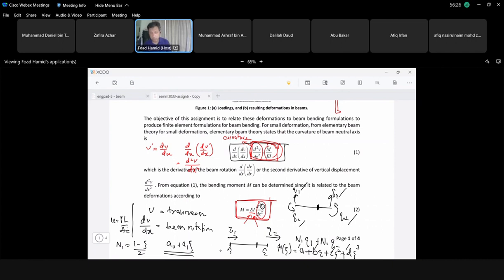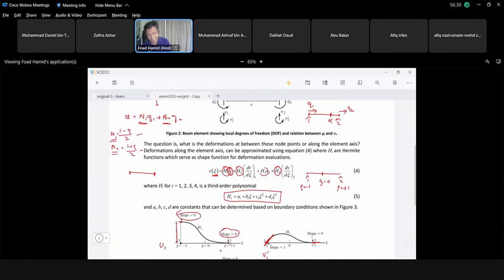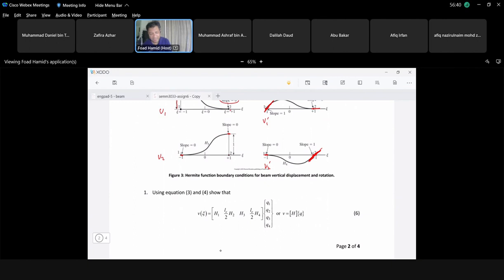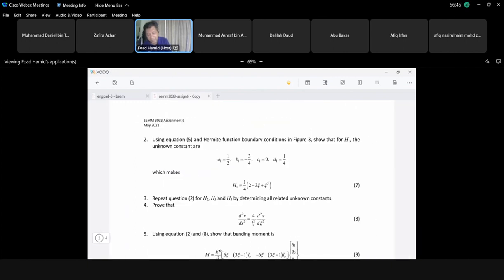Now this is what I want to tell you, because part of the question is this. It says, show this, and prove that for H1, A1 is half, B1 is minus 3 over 4, C1 is 0, D1 is 1 over 4.